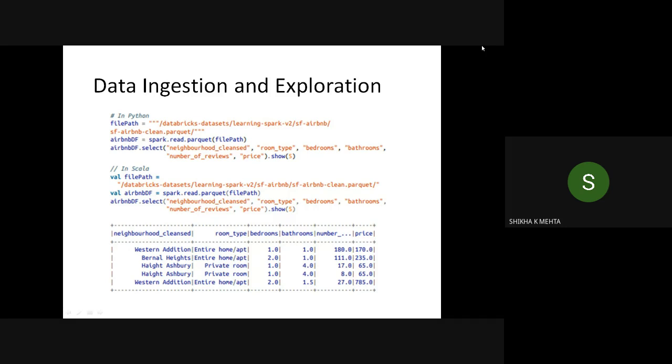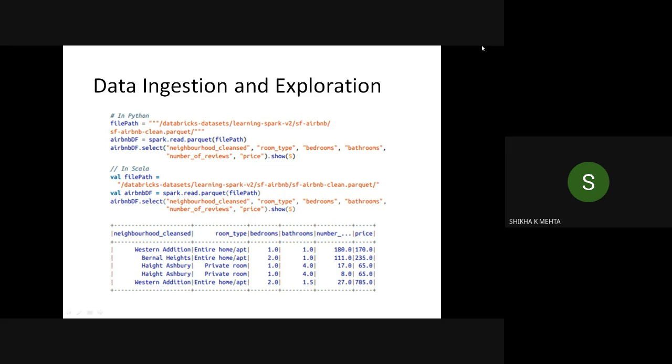The first task that we have to do is data reading. We know what to do. I've shown you here both the Python and the Scala code. In the Python code, we write the file path, and after specifying the path we use the Spark context: Spark dot read dot file format.